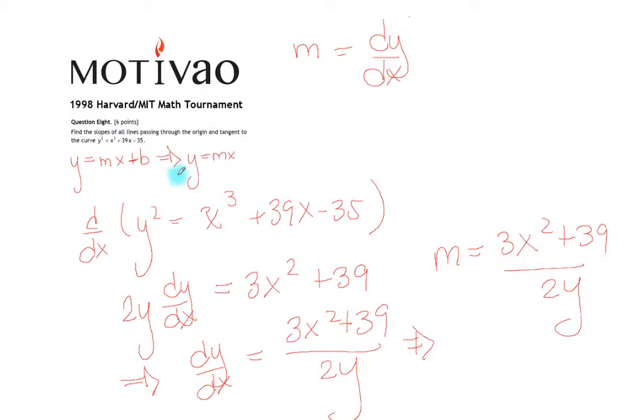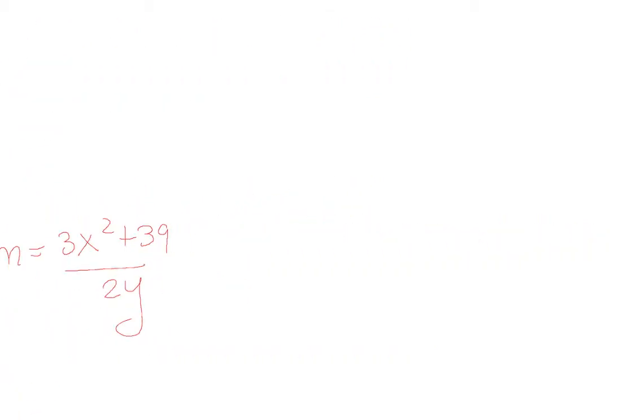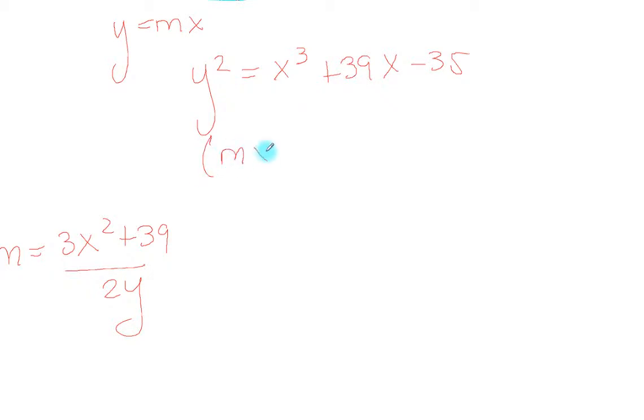Now we have this equation y equals mx. So we can substitute that into the first equation and its derivative. The first one is y squared equals x cubed plus 39x minus 35. Substituting y equals mx into y squared, we have (mx) squared equals x cubed plus 39x minus 35.